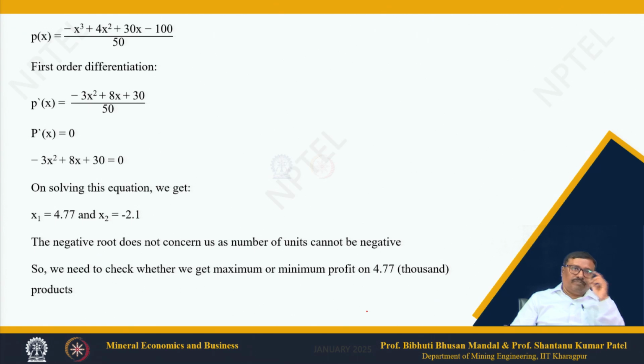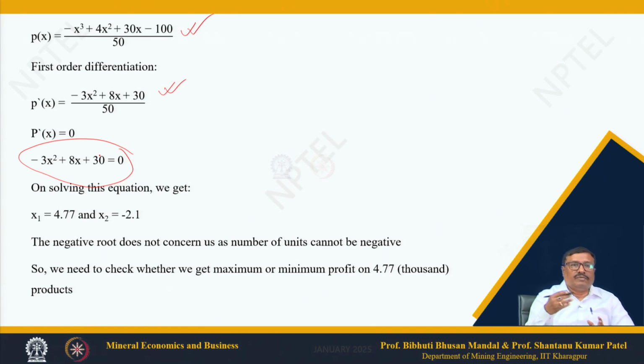So, we had the P(x) profit equation, and we have done the first order derivative here. By doing that and equating it to 0, we get 3x square plus 8x plus 30, and then we equate it to 0. On solving this equation, we get x1 is 4.77 and x2 is minus 2.1.